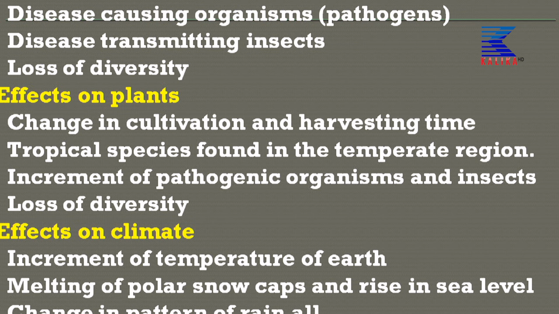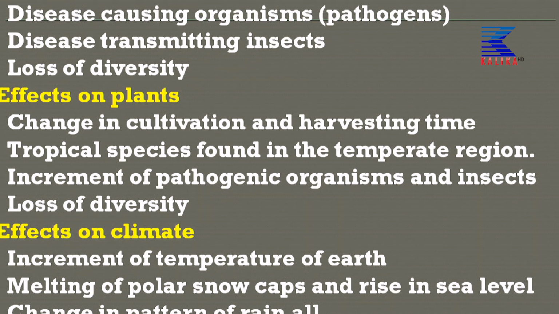Disease transmitting insects, for example, mosquitoes, grow at higher temperature, and there would be loss of biodiversity. If some species grow in optimal temperature, if the temperature increases, they will die and vanish.